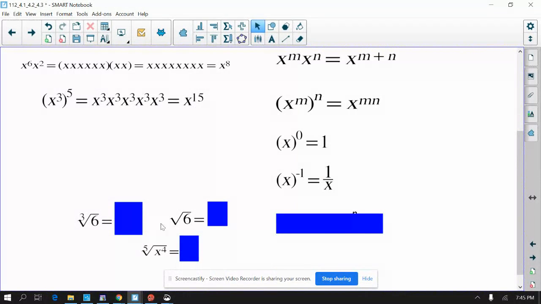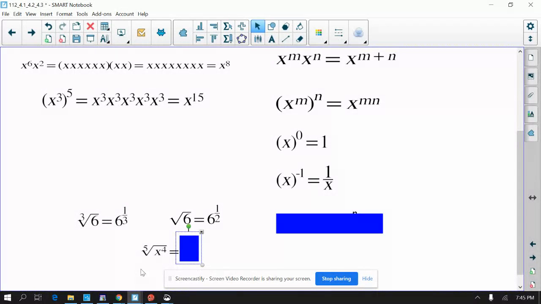And radicals, square root of 6, the cubed root of 6, the fifth root of x to the 4th. What is all that as an exponent? Well, the square root of 6 is 6 to the 1/2. So if you have a calculator and your square root button key is broken, you could just take 6 and raise it to the 0.5, and that is the square root. What about the cubed root? 6 raised to the 1/3.